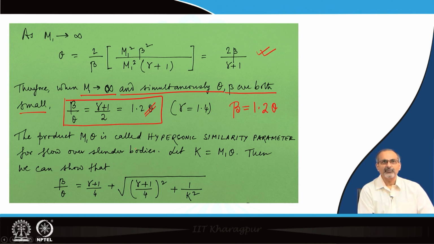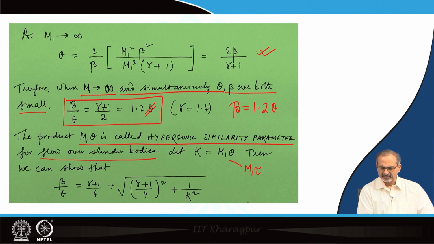The product M1 theta is often called the hypersonic similarity parameter, and it is applicable for flow over slender bodies. That means, for small disturbance cases, you may recall that when we were discussing the hypersonic small disturbance equations, I had mentioned that M1 tau is also often referred to as the hypersonic similarity parameter.